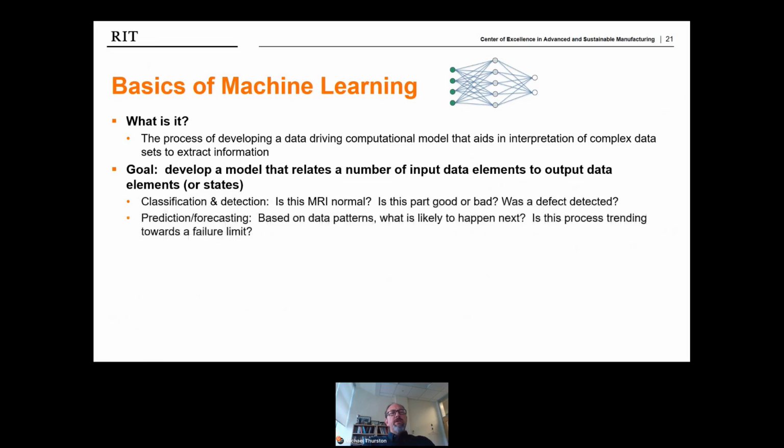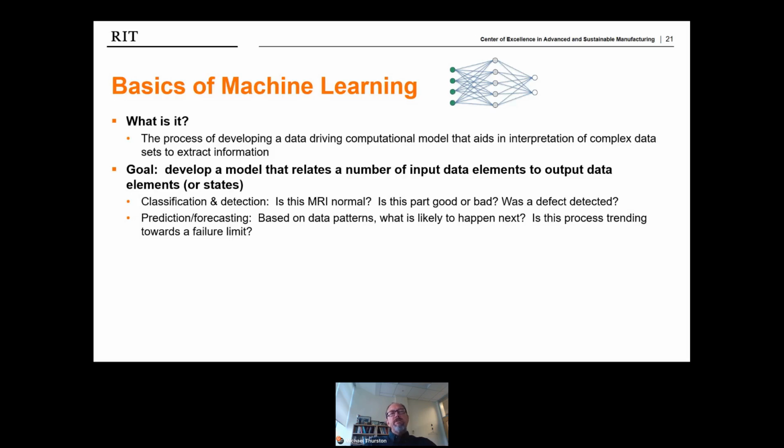So why do we want to do that? When we build the models, what we're looking for is a model that relates a number of input data elements to output data elements or states. And usually we're trying to do one of two things: either classify data, so in the defect detection problem, is this part good or bad, for example, or what kind of defect is it?